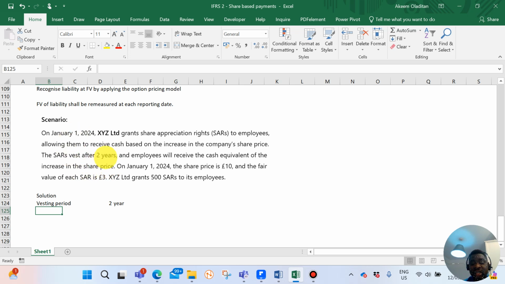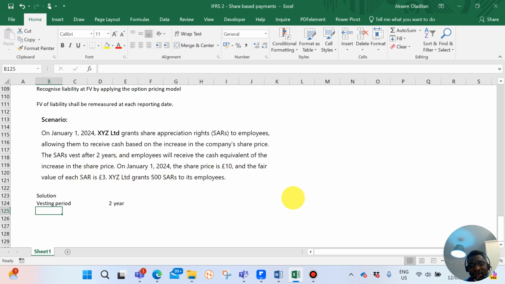That is really important. On January 1, 2024, the share price is £10, and the fair value of each share appreciation right is £3.